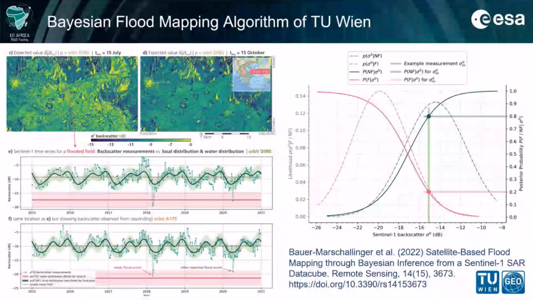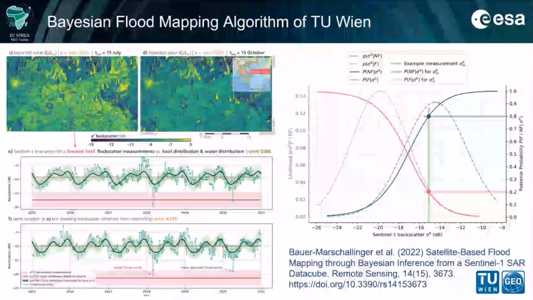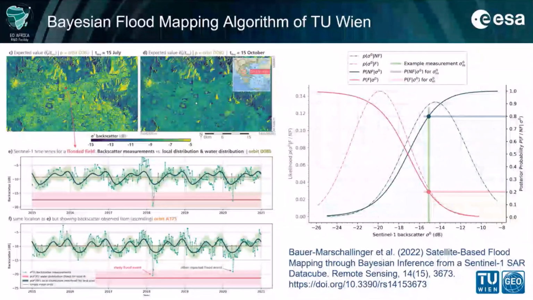So we describe the backscattering characteristics for each pixel with a so-called harmonic model. That, for example, would be the backscatter image on July 15th, and that would be the same image on October 15th, just representing differences, again, in vegetation and soil moisture conditions between those days of year.